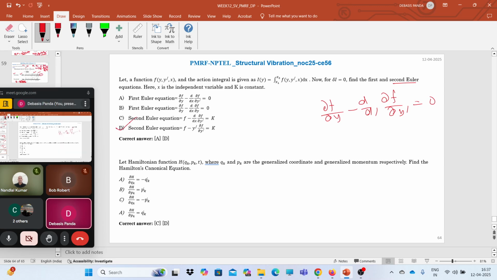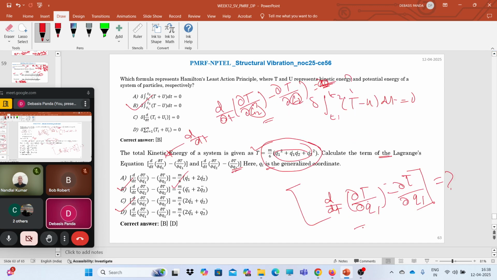So what you need to do is recall the form of the variational principle. You need to recall the first and second Euler equations and the form of the Lagrangian equation.